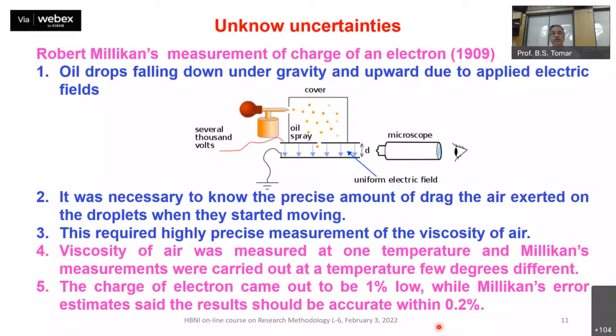So this is what is important, that all the things have to be done in totality. Otherwise, you have to go back to see at what temperature you did the measurement of the experiment and the viscosity of air at different temperatures. So all these things are very important from the point of view of error analysis.